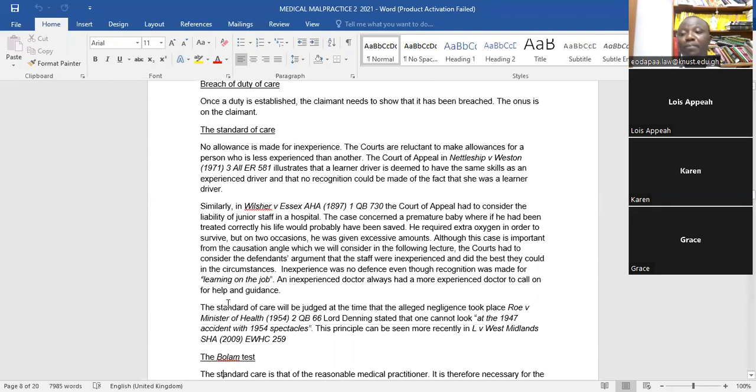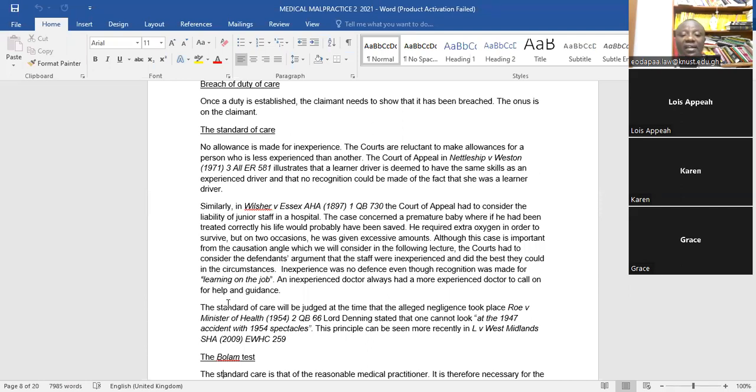In the same vein, if you come directly into the medical or the clinical setting, if you remember the old case of Wilsher against Area Health Authority, for example, the citation I have here is wrong.